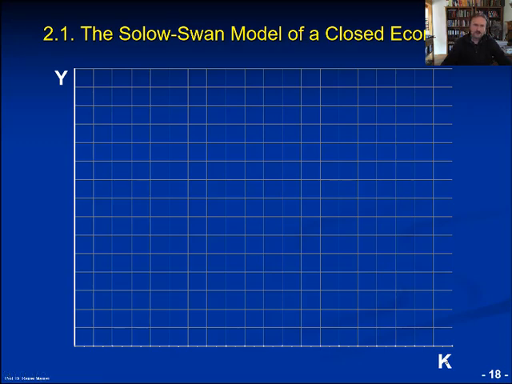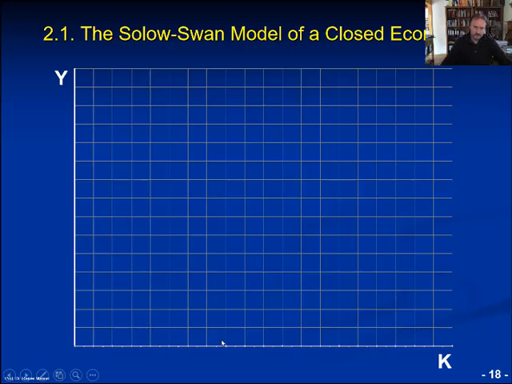This means we measure GDP on the ordinate, also sometimes called y-axis. The shortcut of GDP is also y, and the stock of physical capital is measured on the abscissa or x-axis. The shortcut of physical capital is, as we know, capital letter K.